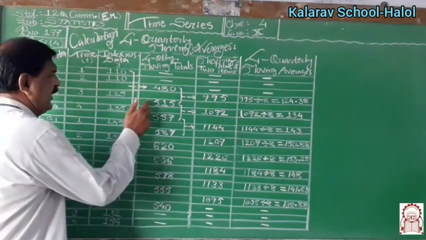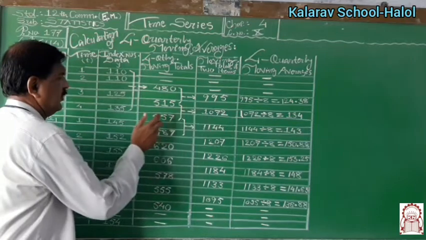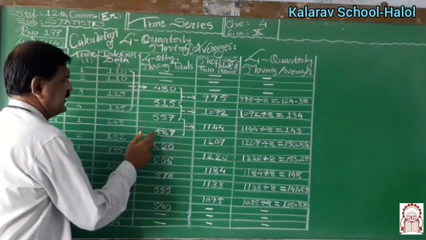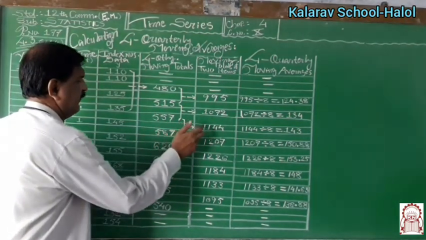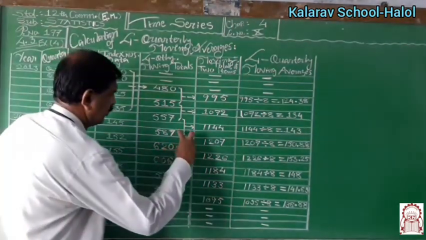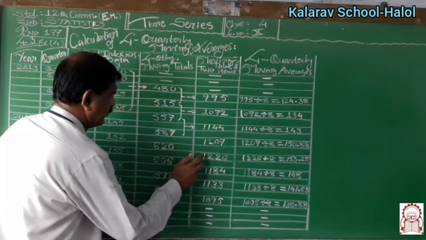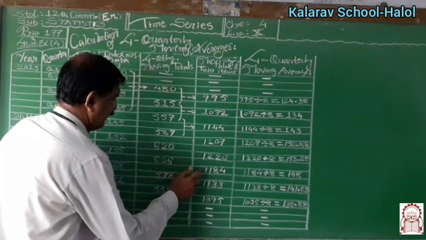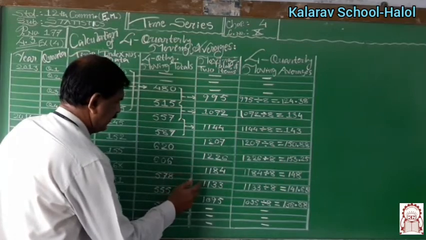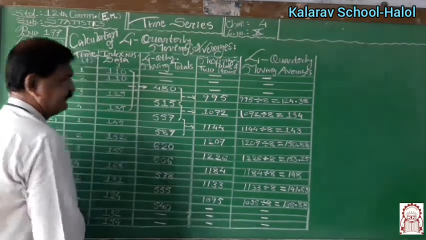Then 515 plus 557 is 1072. 557 and 587, total 1144. In the same way, totals of the next pairs are 1207, 1226, 1184, 1133, and the last two values 1095.